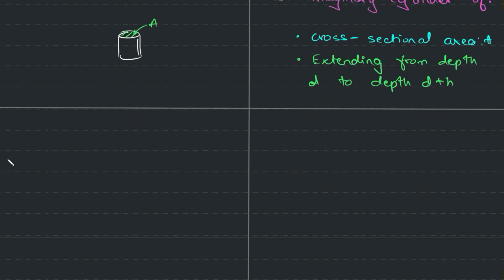So let's continue. The pressure exerted by the liquid, or the force exerted by the liquid.